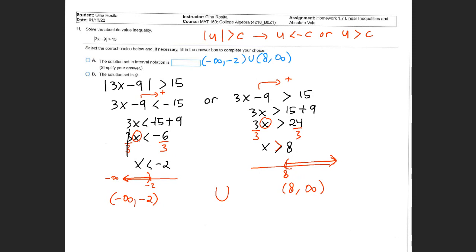Now the last one, number 12. Negative 8 times absolute value of x minus 4 is greater than or equal to negative 16. Remember, try to get absolute value greater than c.